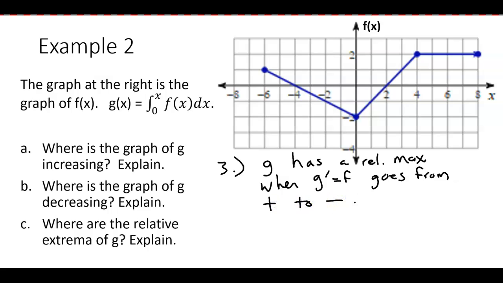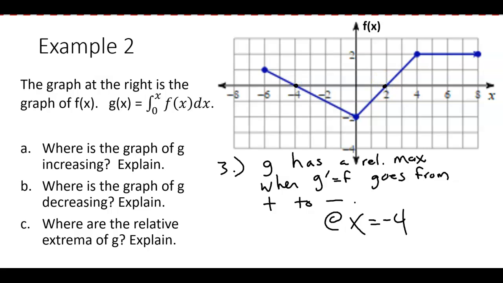Where does the graph of f go from a positive value above the x-axis to a negative value below the x-axis? There you go. So like an arrow down, but where the line hits the x-axis of 0. Yep, absolutely. So when you're looking for relative extrema, look for where it touches the x-axis, basically, right?